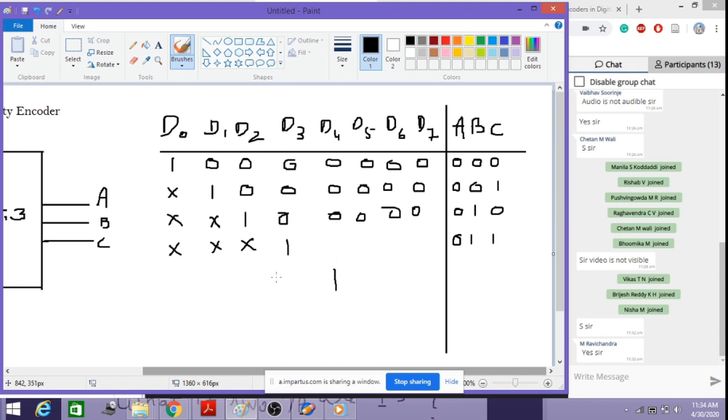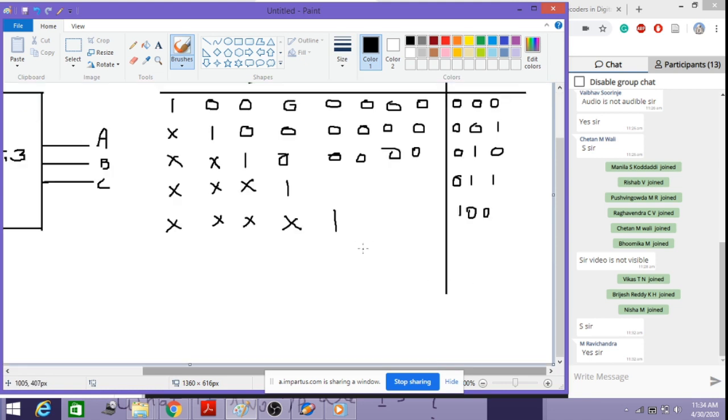This kind of encoder we call a priority encoder. Then this will give you the output as 1, 0, 0. The output condition is that these values should be 0 because this has got the highest priority. The input above has got the highest priority, and below that has got the lowest priority.